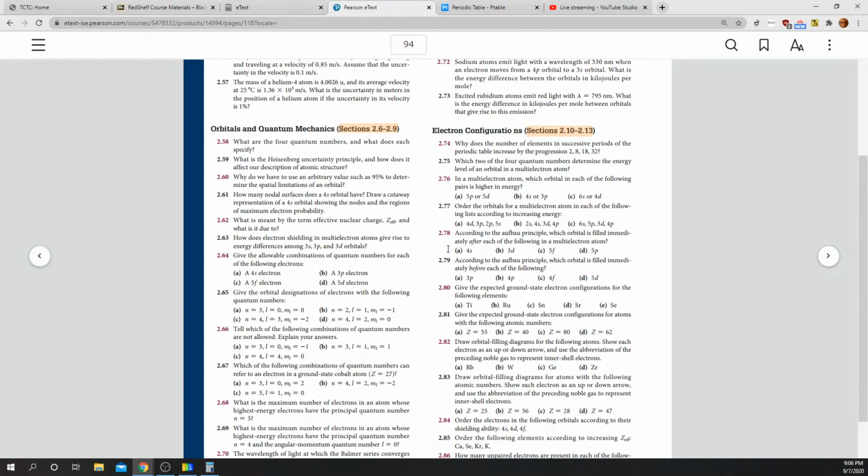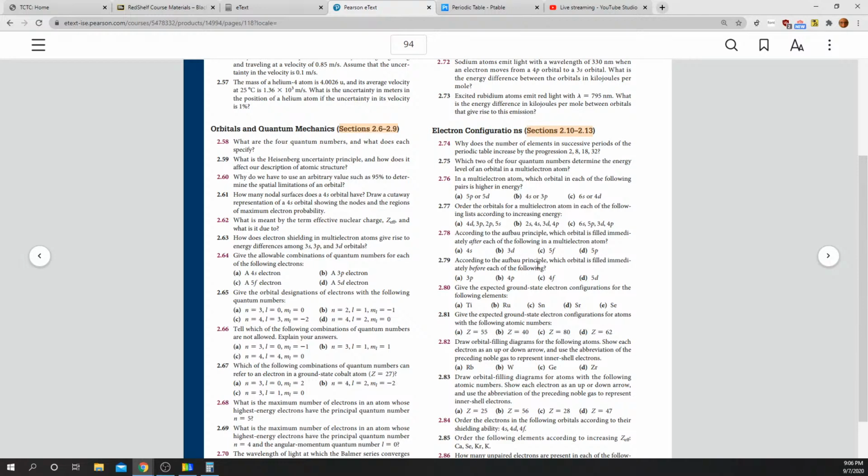78. According to the Aufbau principle, which orbital is filled immediately after each of the following in a multi-electron atom? 4s is going to be followed by 3d. 3d is going to be followed by 4p. 5f is going to be followed by 6d. And 5p is going to be followed by 6s.